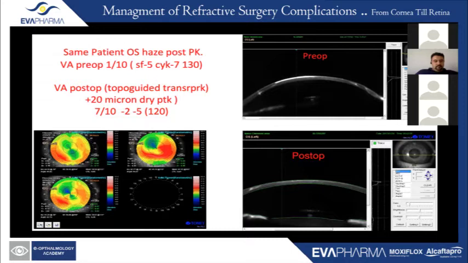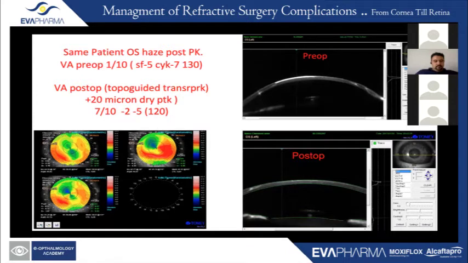This is another case in which a PK was performed, then another colleague performed a PRK, but the final result was with the dense scarring. So in these cases, I retreat the patient with a topo-guided trans-PRK, but I use also, after the initial trans-PRK, 20 micron of a dry PTK.